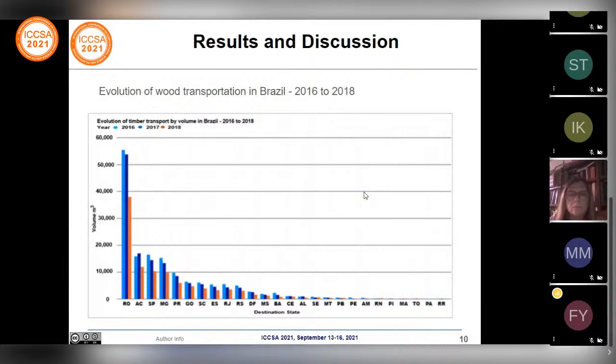This figure shows the annual evolution of the wood transported, highlighting the years 2016 to 2018 in the state of Rondônia. Notice that there was a decrease in this volume of wood transportation for 3 consecutive years in different states, except for the state of Rondônia.